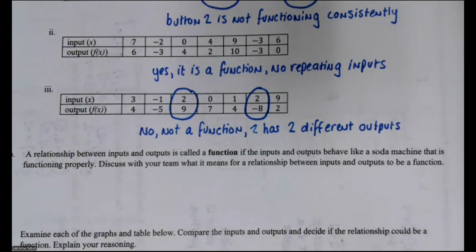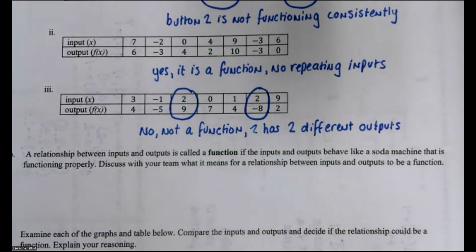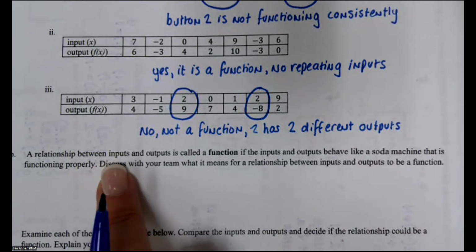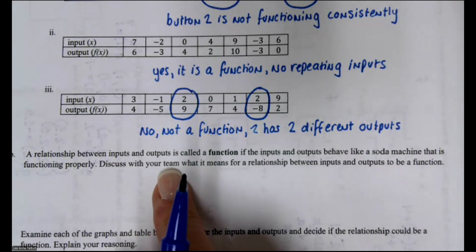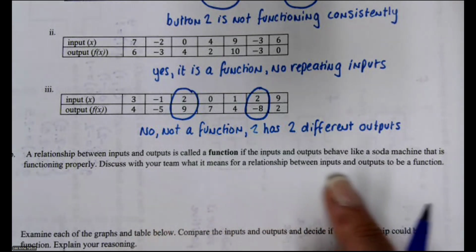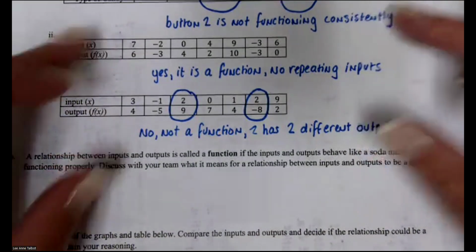Okay, next. A relationship between inputs and outputs is called a function if the inputs and outputs behave like a soda machine that is functioning properly. Discuss with your team. We're going to be the whole group, the whole class is going to be our team. What it means for a relationship between inputs and outputs to be a function. So it's basically saying, describe this in words.